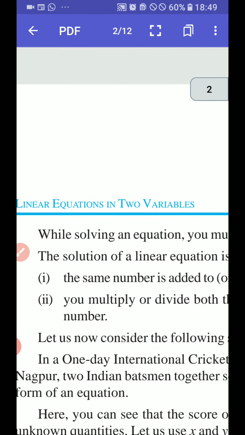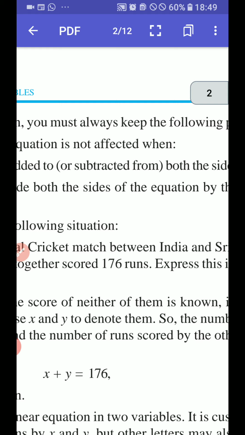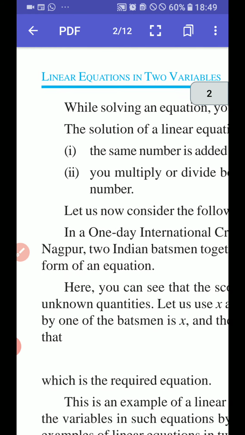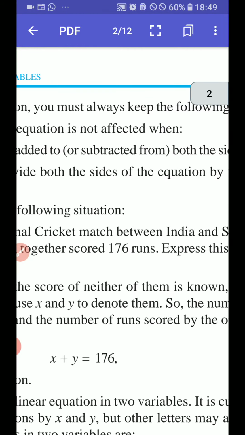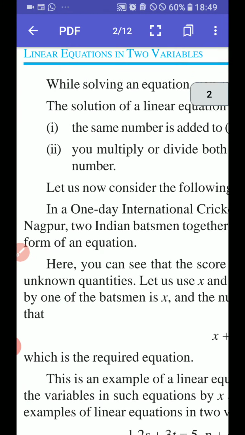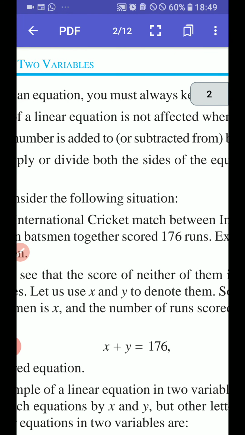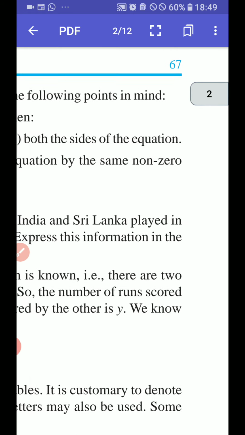While solving an equation, you must always keep the following points in mind. First, the solution of the equation is not affected when the same number is added to or subtracted from both sides of the equation.